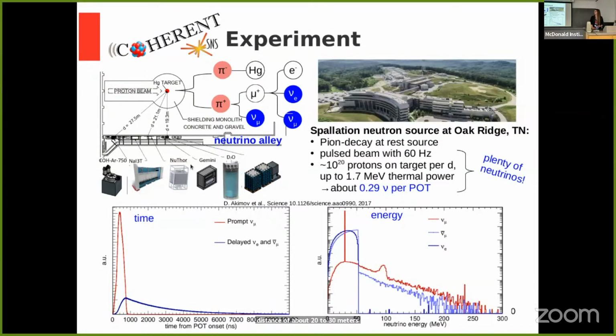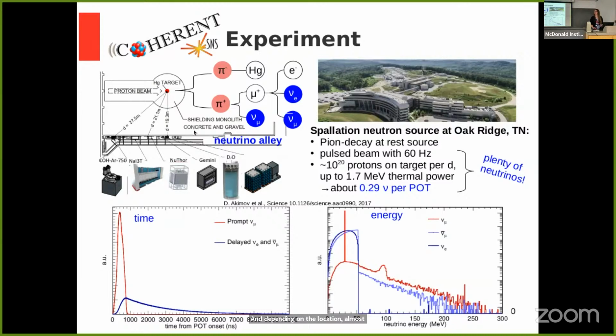And it turns out that this is a great location to detect neutrinos because there's a lot of material, a lot of gravel, between the experiments and the neutron source, which is helpful because it's the neutron source that creates neutrons that are background to a CEvNS detection. And in Neutrino Alley, this background is very low, and depending on the location, almost negligible in the end.